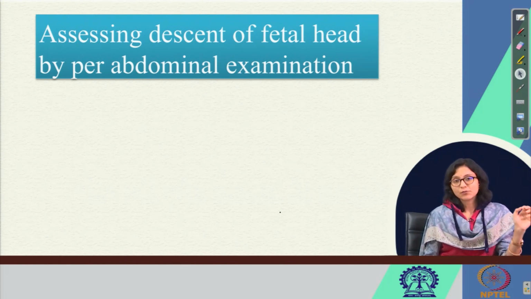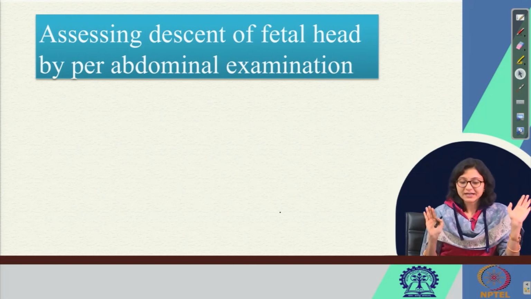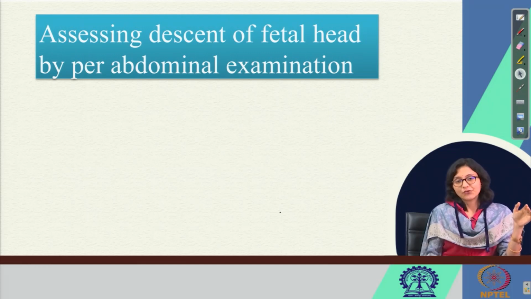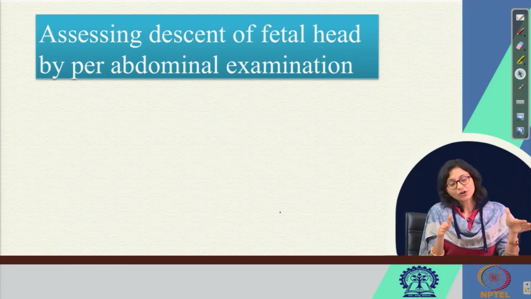Now another important discussion regarding assessing the descent of the fetal head by parabdominal examination. We are not going for parvaginal. By just parabdominal examination, we will assess whether the fetal head is descending and whether engagement has occurred or not.